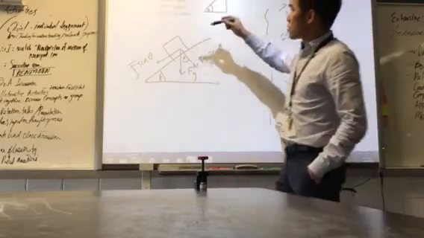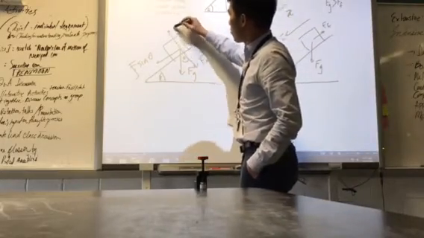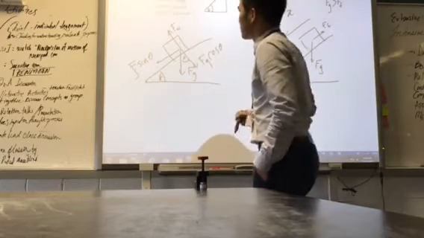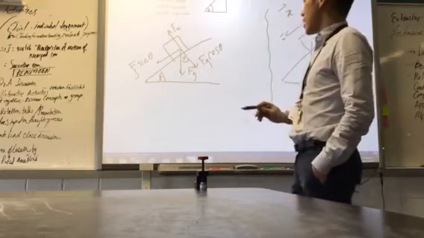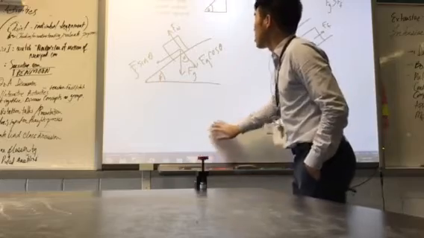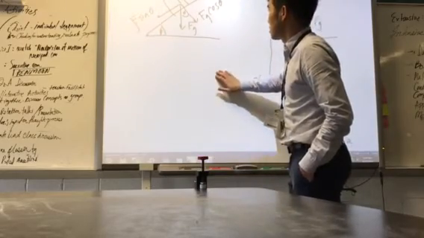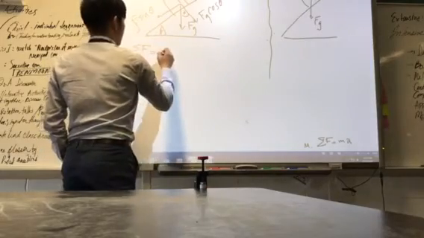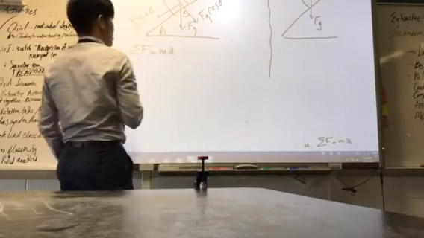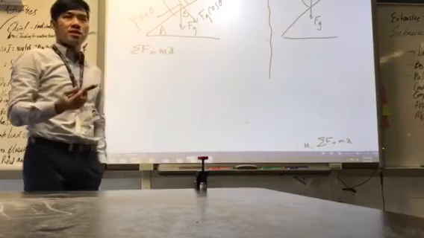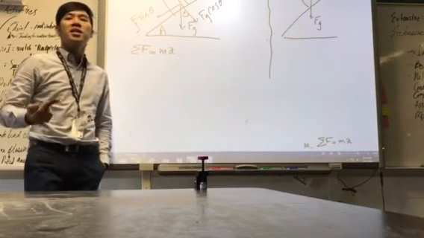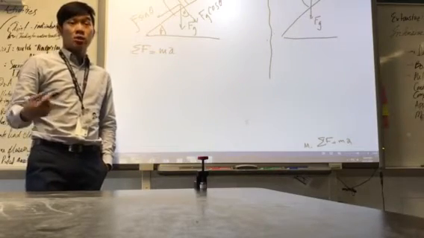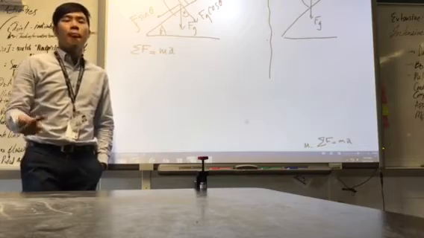And also we need to know that there is a normal force. I'm going to use the first law of motion to determine the normal force. So the first law of motion says, can someone explain or describe the first law of motion to me again?